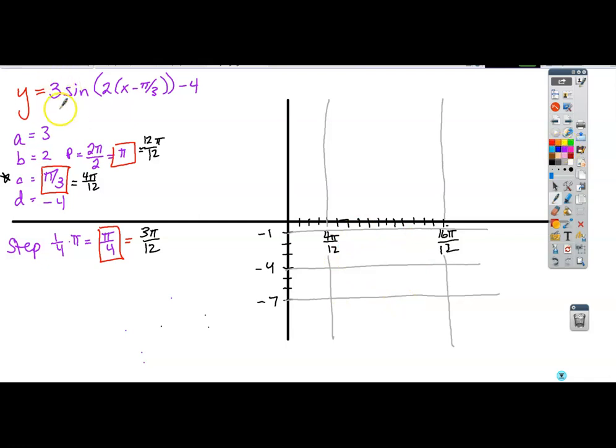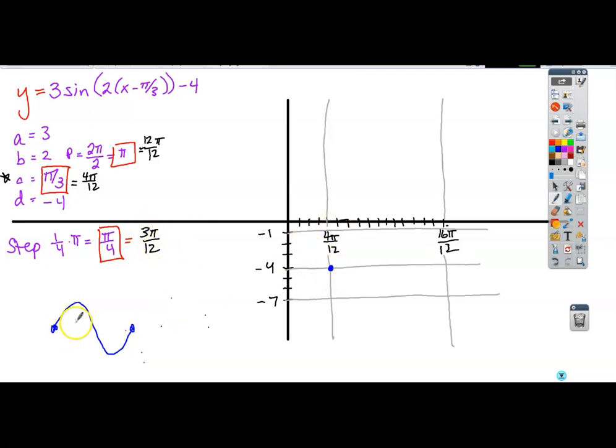Okay, so this is a positive sine graph. So this graph is going to go up, start at equilibrium, go up, and then come back down, and then come back up. So at the beginning of its period, it should be at equilibrium. So I'm going to put that little guy at -4. Okay. Then I'm going to go 3 of my little units because that's my step.